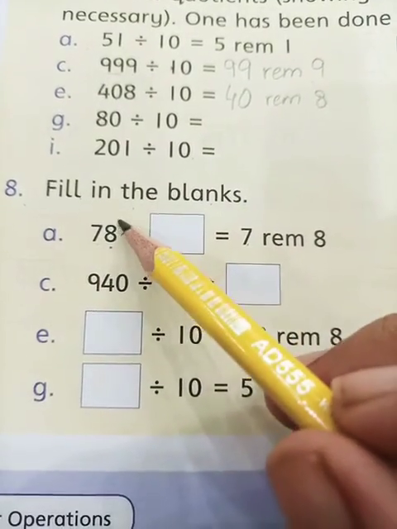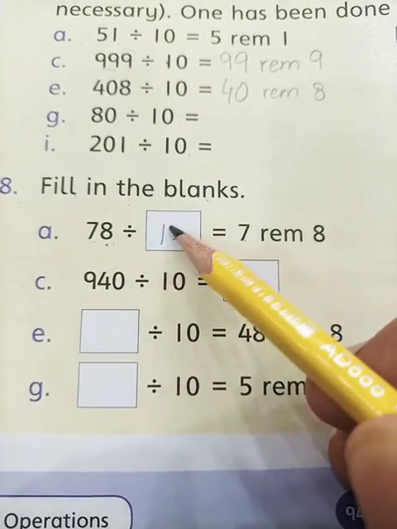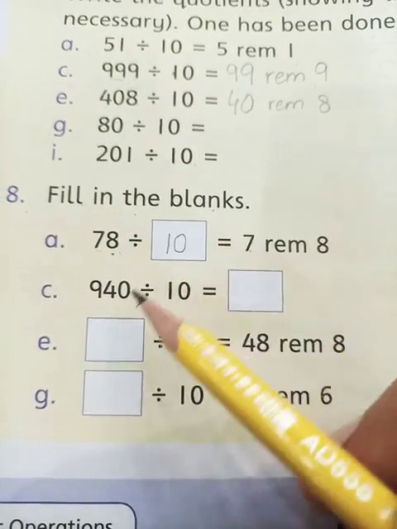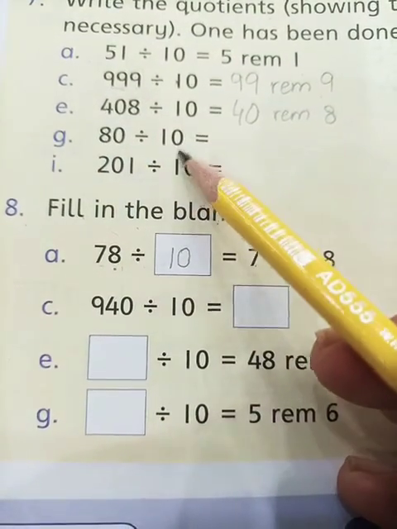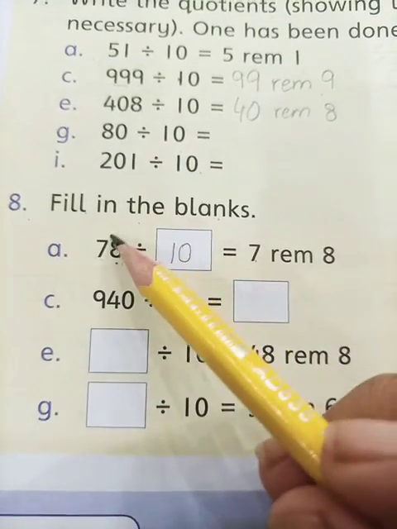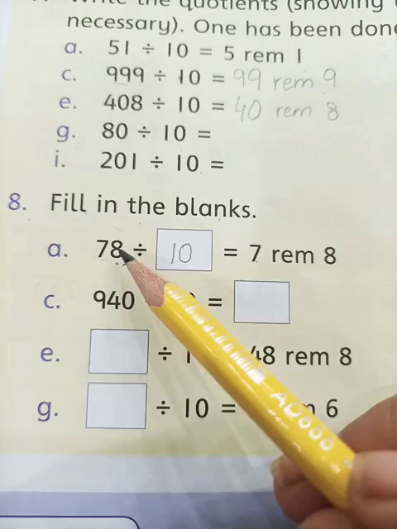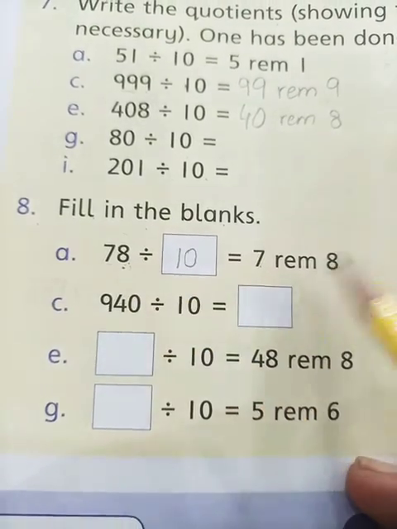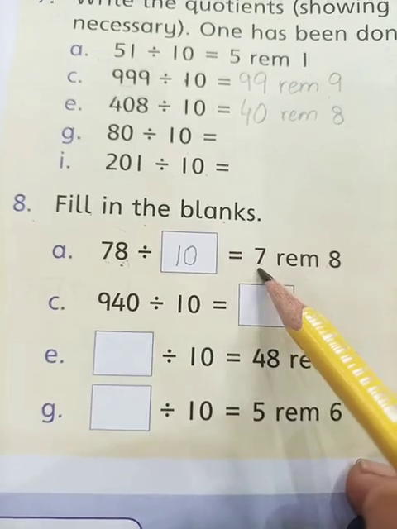It means that our dividend is divided by the number 10, because we have learned earlier that when the dividend is divided by 10, the number at the far right corner will be our remainder, and the remaining ones are our quotient.